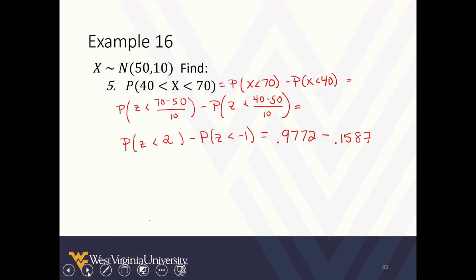Yes, okay. Now we can subtract to find our probability and area. So 0.9772 minus 0.1587 gives us an area of 0.8185, or 81.85%. Not bad, at least in my opinion.